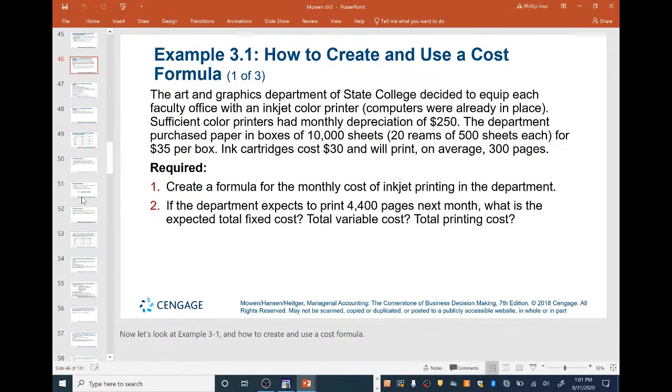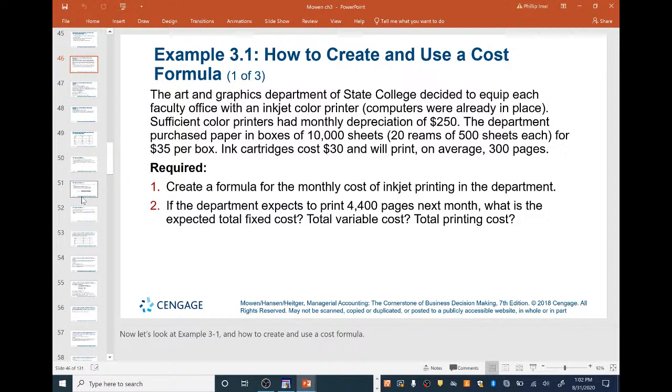So let's do an example here so we can actually see what we're talking about. So how to create and use a cost formula. Let's assume that the Art and Graphics Department of State College decided to equip each faculty office with an inkjet color printer.